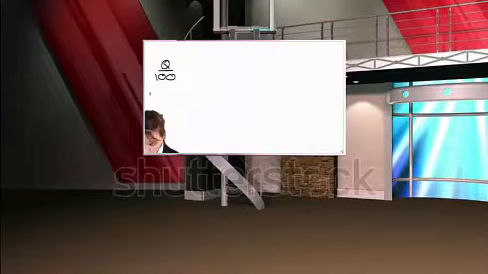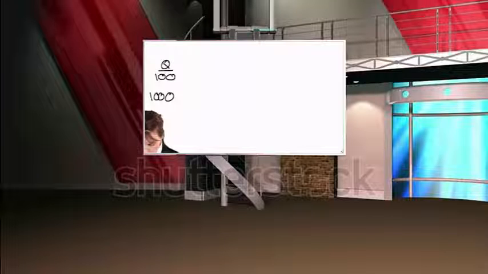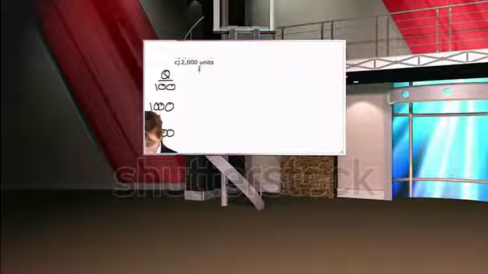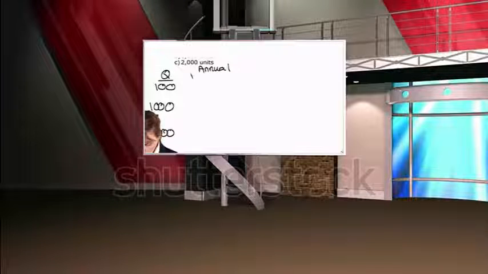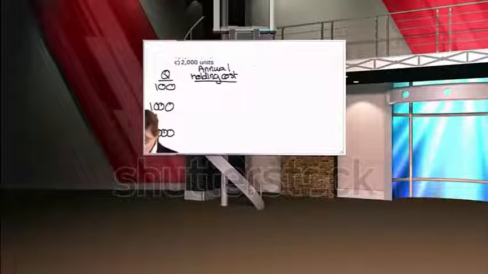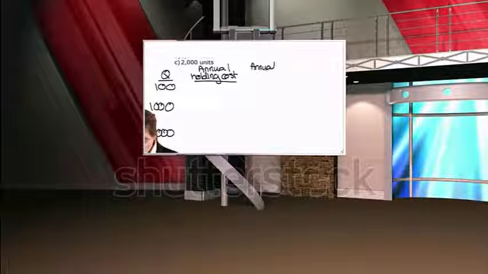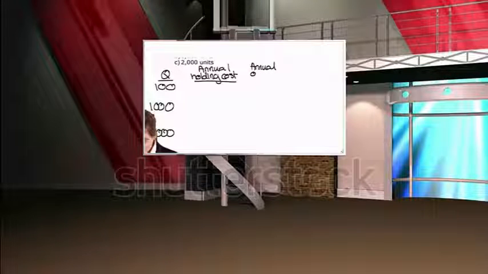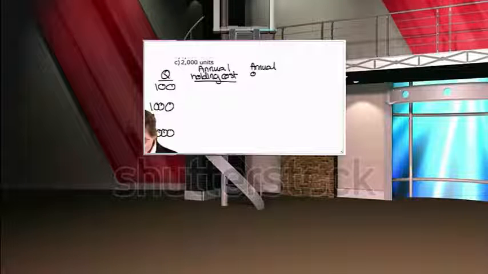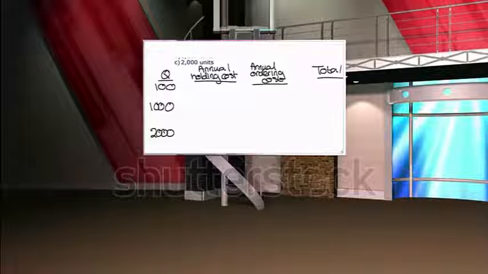So we've got 3 different order quantities, or values for Q: 100, 1,000, and 2,000. We want to work out our annual holding cost, our annual ordering cost, and we're going to look at the sum of the two as well.